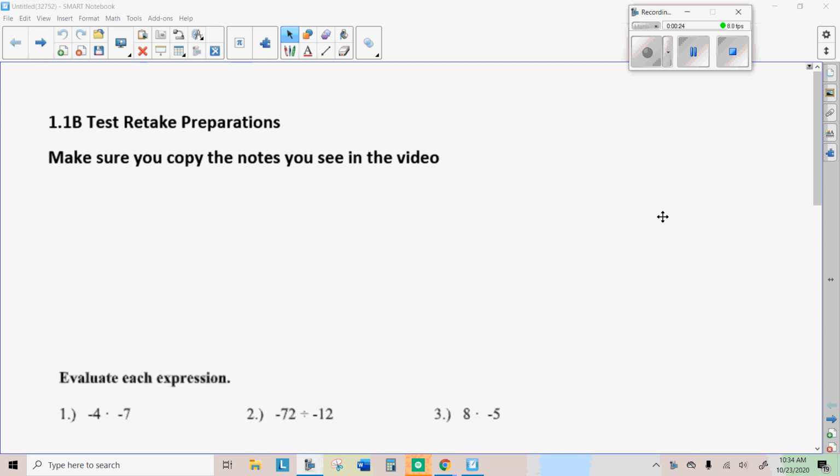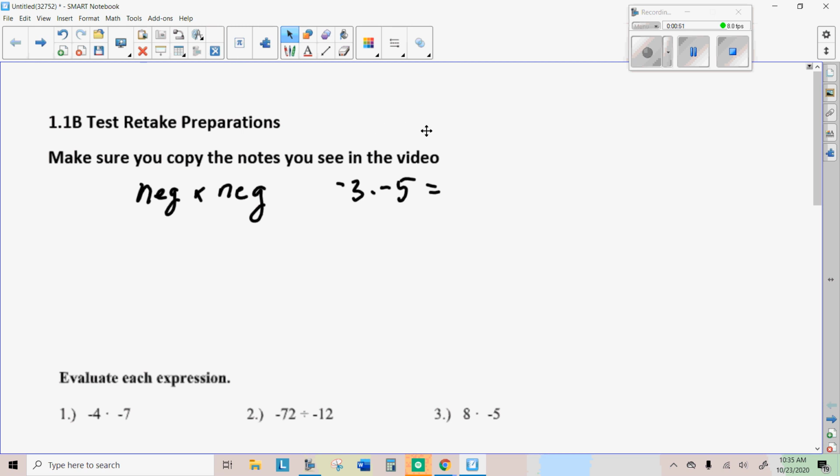I'm just going to give you a couple examples here when you're evaluating using multiplication and division and you have negatives involved. If you do a negative times a negative, like -3 times -5, you get a positive.